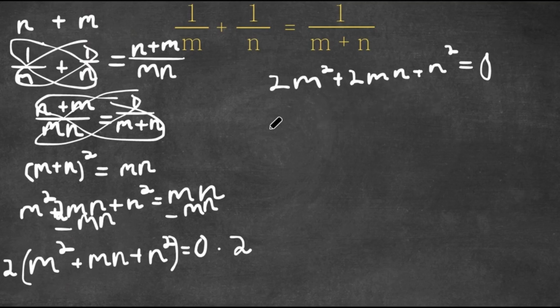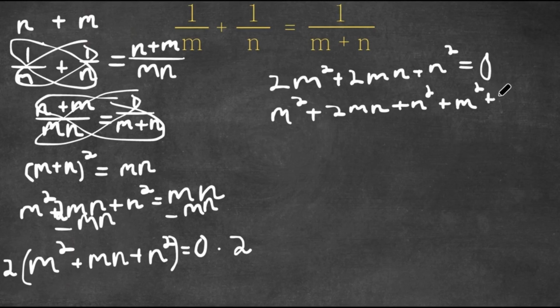Now, if we expand this a little, we could convert this to m squared plus 2mn plus n squared plus m squared plus n squared. And now this is equal to 0.